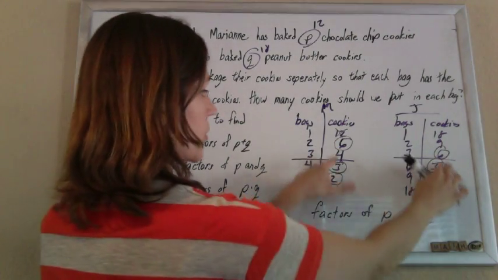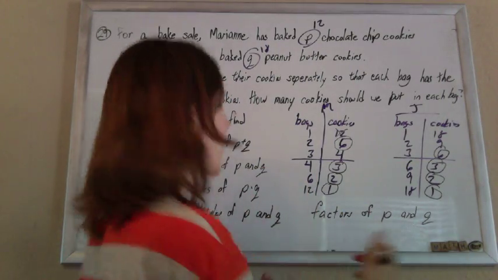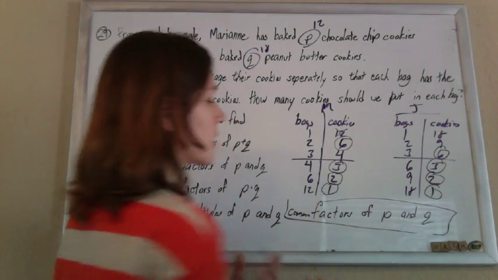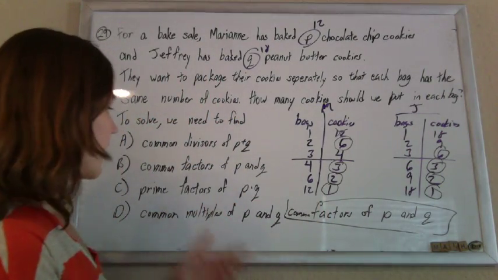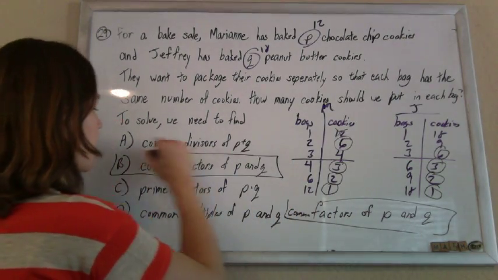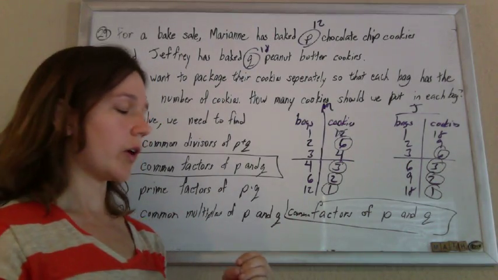And when we were circling them, we were circling the factors that they have in common. So we were finding the common factors of P and Q. And hey, look, that's there. So B is our answer. That's what they're looking for.